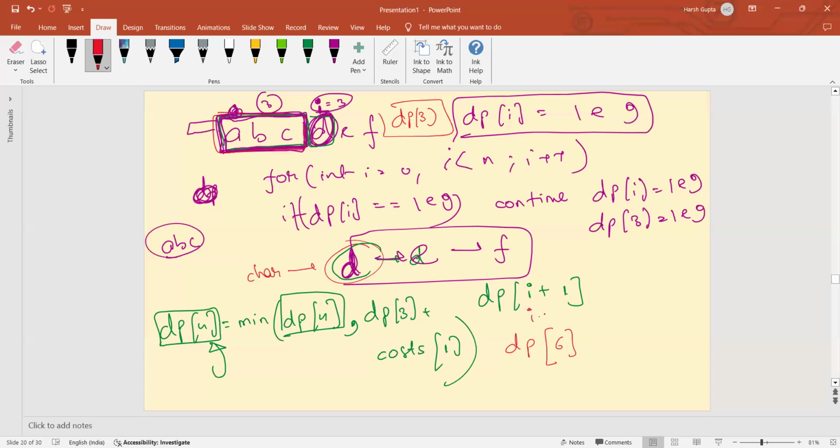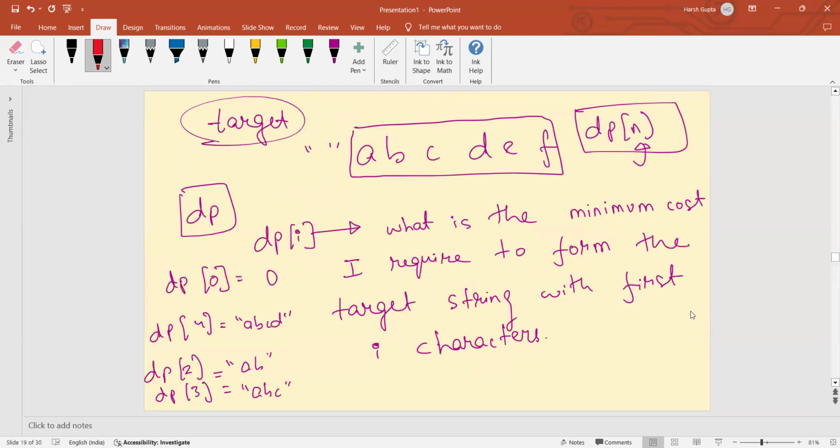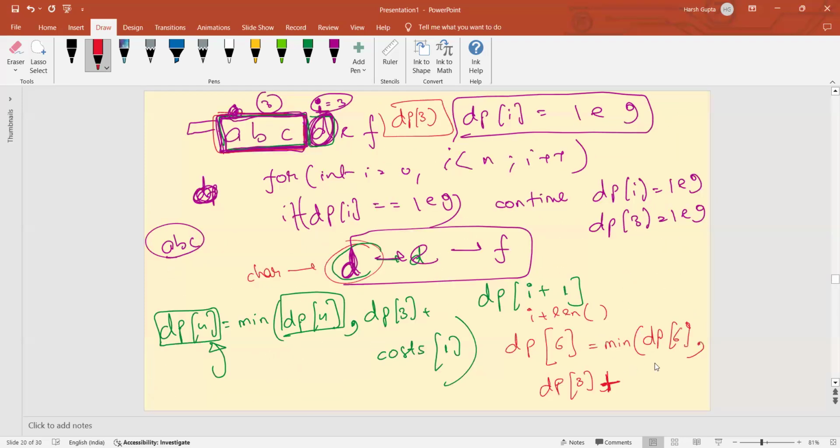The 6 is nothing but I plus length of this particular word, isn't it? So dp of 6 is nothing but the min of dp of 6, comma, the cost till constructing the first 3 letters plus the cost of using this particular word. For this particular word, the index is 3, isn't it? So the value that will get added is cost of 3. So we can write dp of 6 something like this.